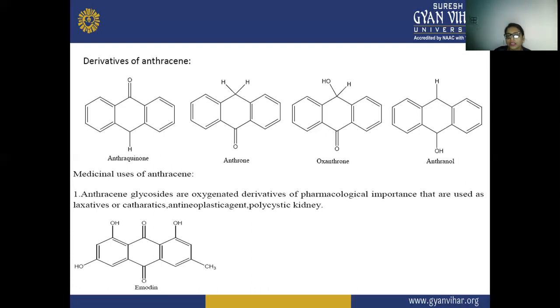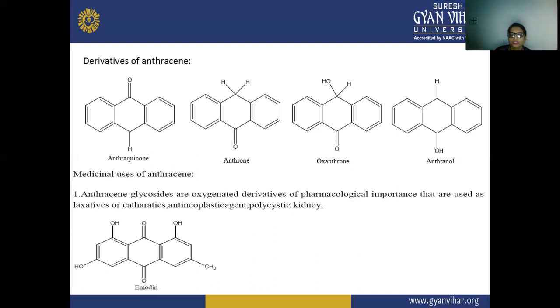Next, these are the derivatives of anthracene. These are the four derivatives of anthracene: anthraquinone, anthrone, oxanthrone, and anthranol. The medical uses of anthracene: anthracene glycosides are oxygenated derivatives of pharmacological importance that are used as laxative or cathartic and anti-neoplastic agents, and for polycystic kidney.